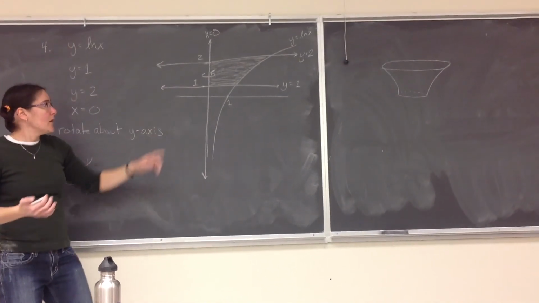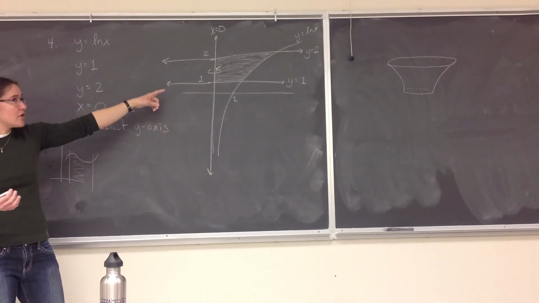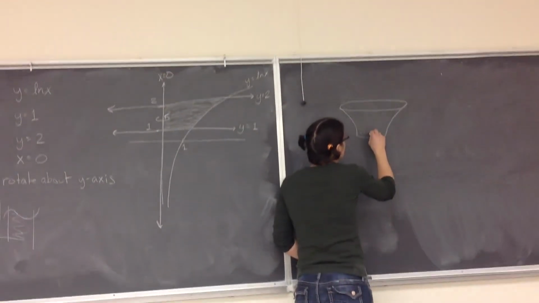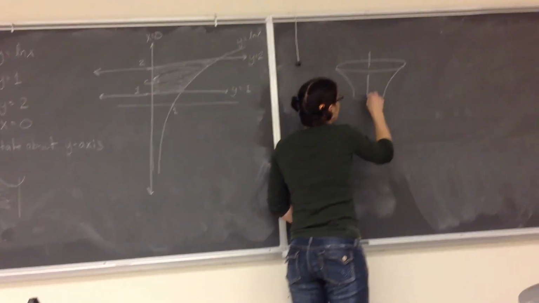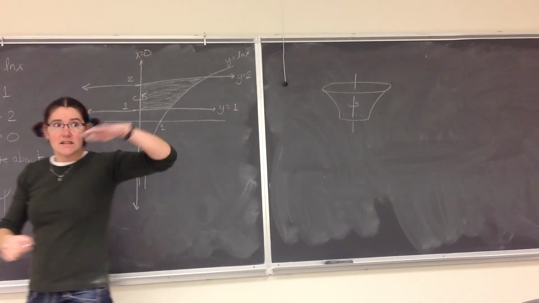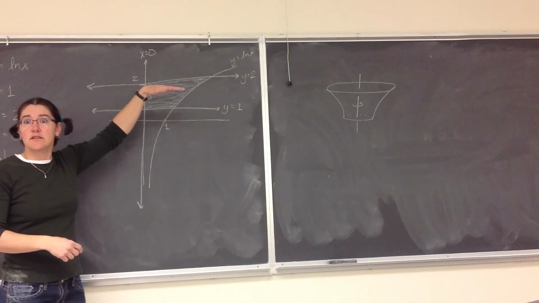All right, so I'm going to go ahead and set up the washer or the slice to see what's going on. So now, when I look at this, here's my axis of rotation around the center. And so when I slice, I'm slicing perpendicular to that axis of rotation.